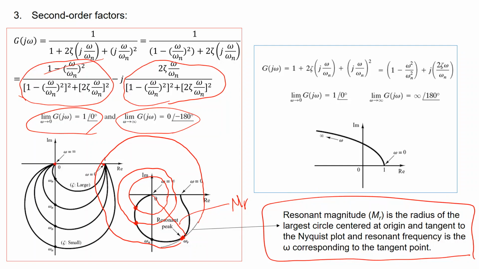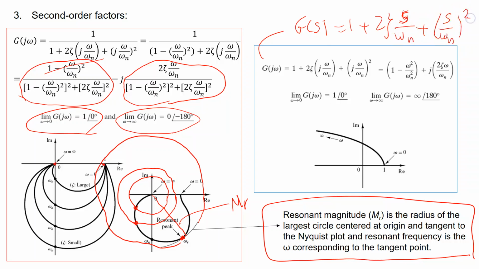Now, on the other hand, if your transfer function is the one with only derivatives and nothing in the denominator, right? So here, G of s is simply 1 plus 2 zeta s over omega n plus s over omega n squared, right?